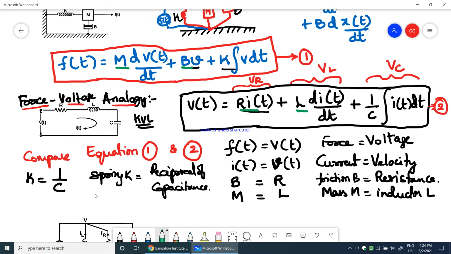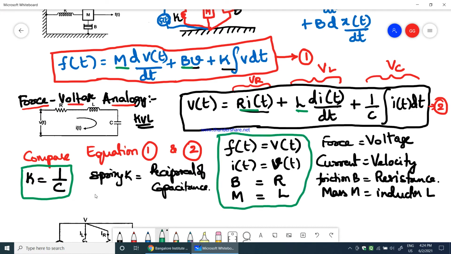Therefore, M will be equal to L. Similarly, integration of v dt and integration of I of t dt are equal, so K should be equal to 1 over C. So these are the 5 different important terms and the knowledge we use while writing the force voltage analogous network for a given mechanical system.